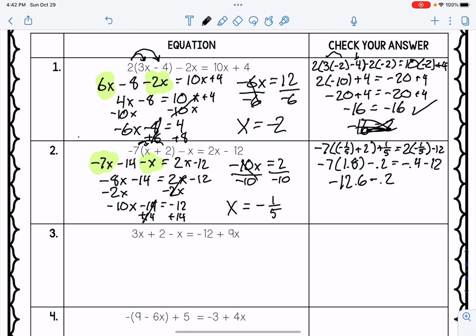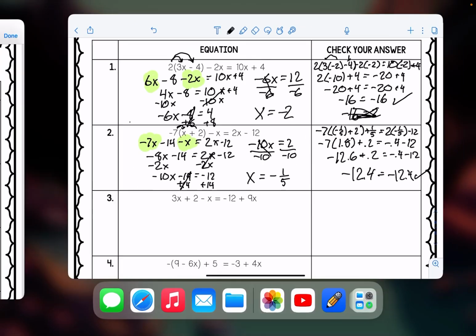Oh, plus 0.2, sorry, mistake there again, because of that double negative, equals negative 0.4 minus 12, and negative 12.6 plus 0.2 is negative 12.4. Negative 0.4 minus 12 is negative 12.4, and it checks out for us. So we are all good there.